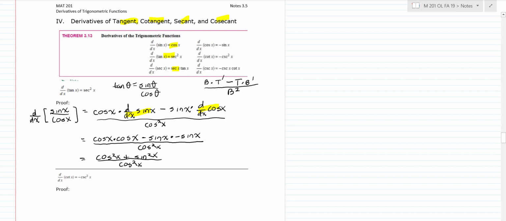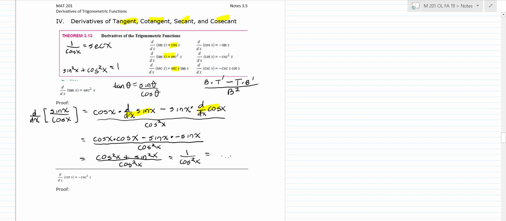Okay, now we have a trig identity. The other trig identity that you want to remember is sine squared x plus cosine squared x. What's that equal to? It's equal to 1. That's the fundamental identity. So that would be 1 over cosine squared x. Okay, the other thing that you learned is 1 over cosine. What is 1 over cosine? That is secant x. So you got to know these identities to do all this good stuff.